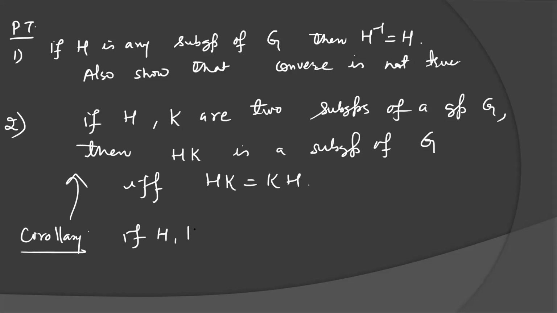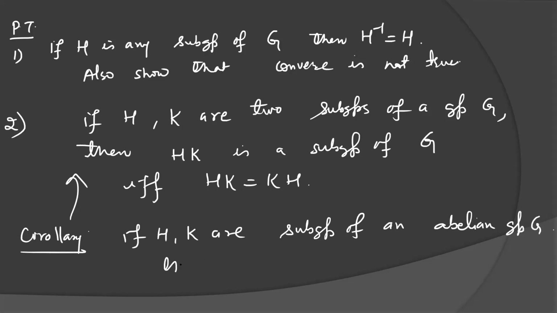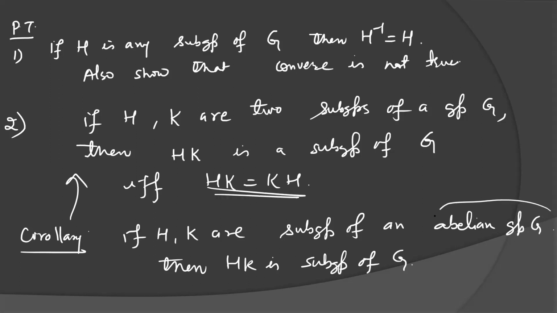If H, K are subgroups of an abelian group G, important point, abelian group, it means commutativity holds obviously, then HK is a subgroup of G. Here this condition is not necessary because we are taking subgroups of an abelian group, so the commutative property will be satisfied.